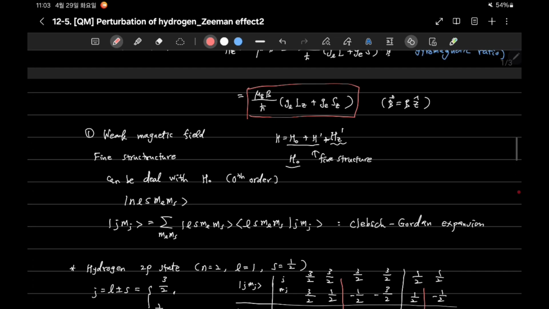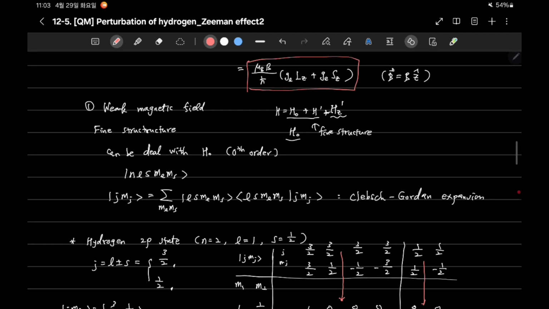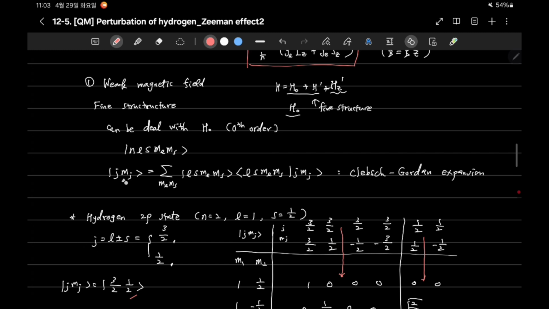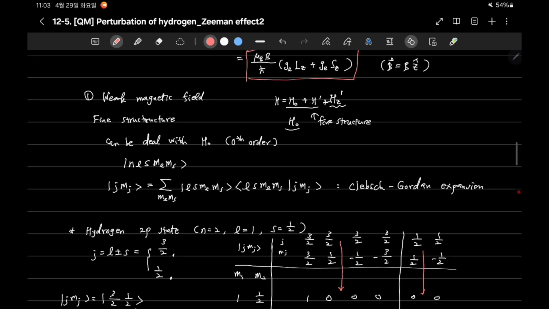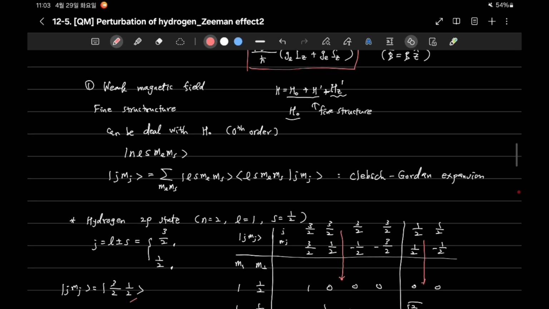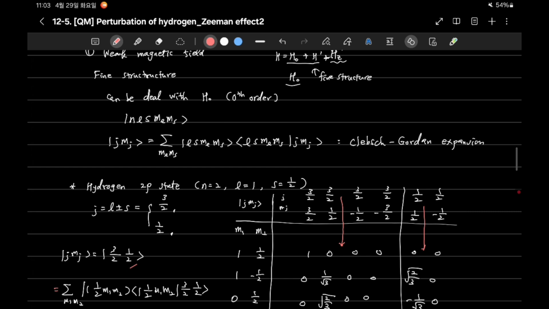Basically, we can take the fine structure as the zeroth order Hamiltonian and solve it, and the fine structure is a result of the relativistic effect and spin-orbit coupling, so we should make a coupled basis, because J means the coupled spin-orbit basis should be considered here. But in the magnetic field, the Zeeman Hamiltonian case, we should calculate in terms of the uncoupled basis.